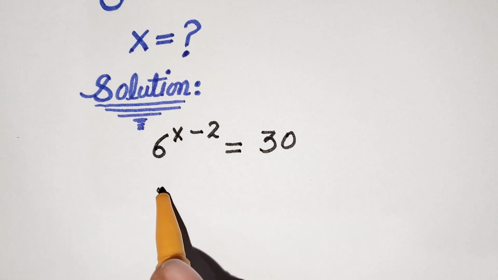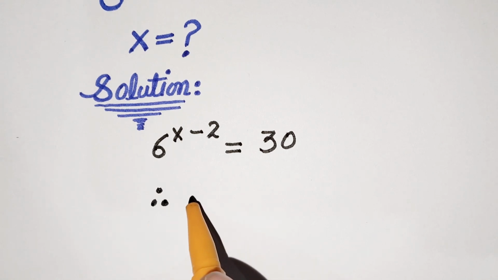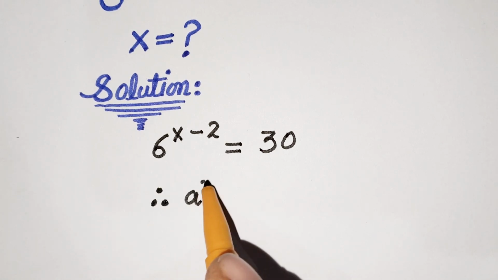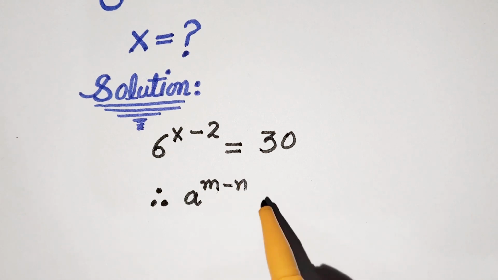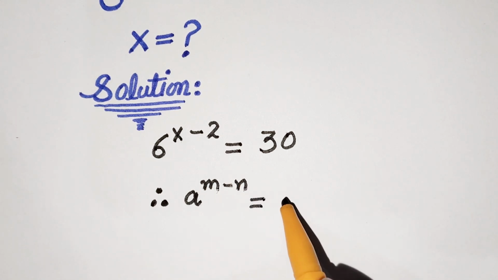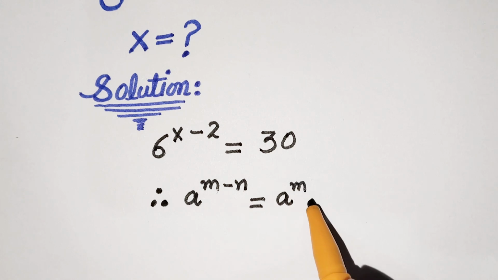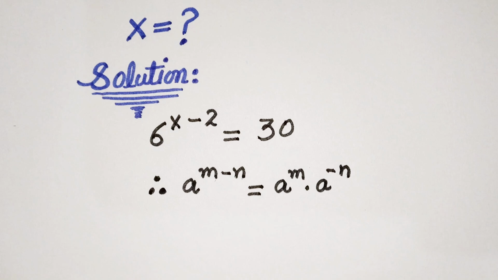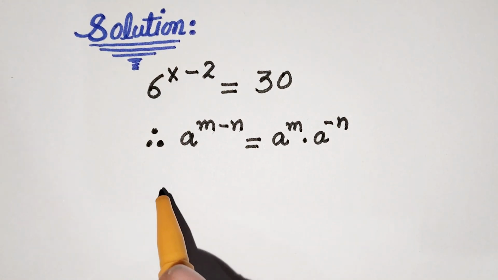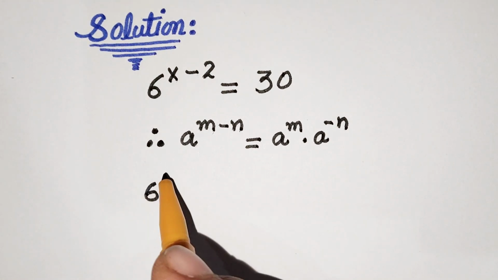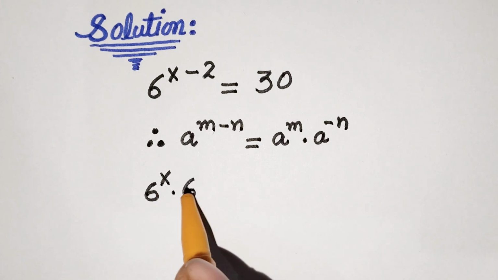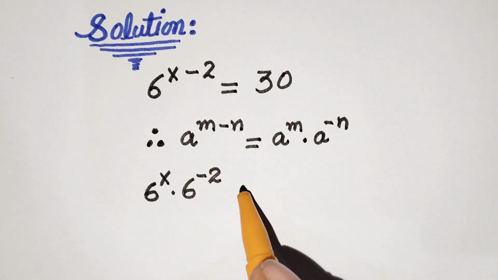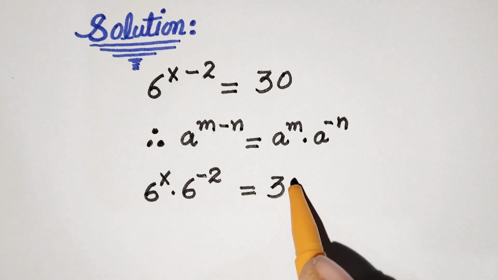As we know by the formula, a raised to the power m minus n is equal to a raised to the power m times a raised to the power minus n. So we can write the above equation like this: 6 raised to the power x times 6 raised to the power minus 2 is equal to 30.